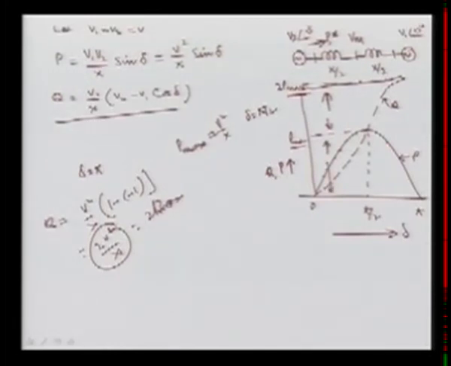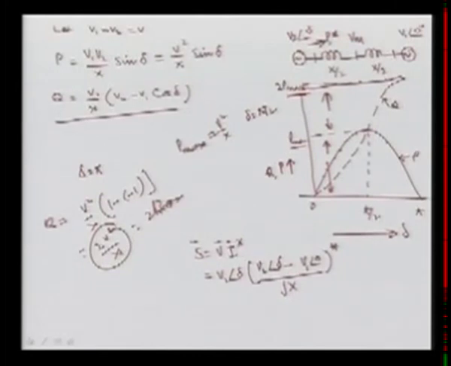Now how did we get it? It's very simple. The power S flowing from here to here I can simply write as the voltage times the conjugate of the current. The voltage here is V2 angle delta, as these are vectors. The conjugate of the current is basically the voltage difference, V2 angle delta minus V1 angle 0, divided by jX, and this is the conjugate.